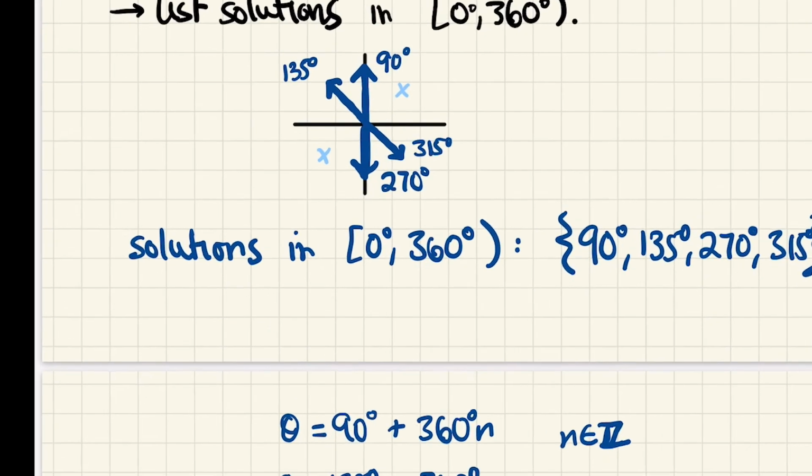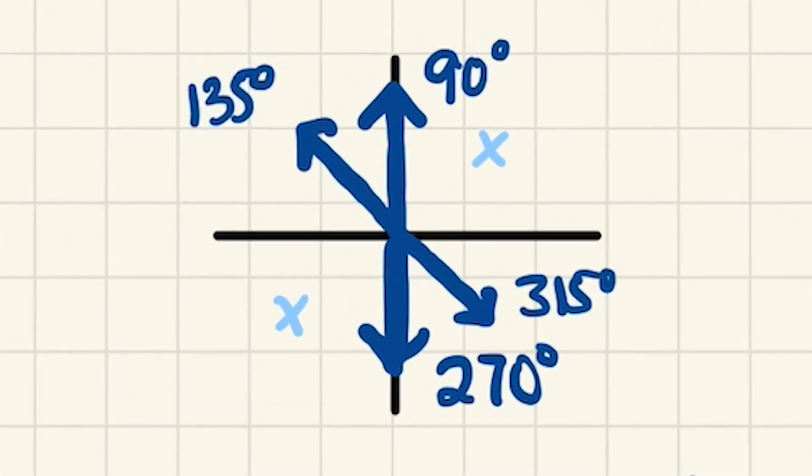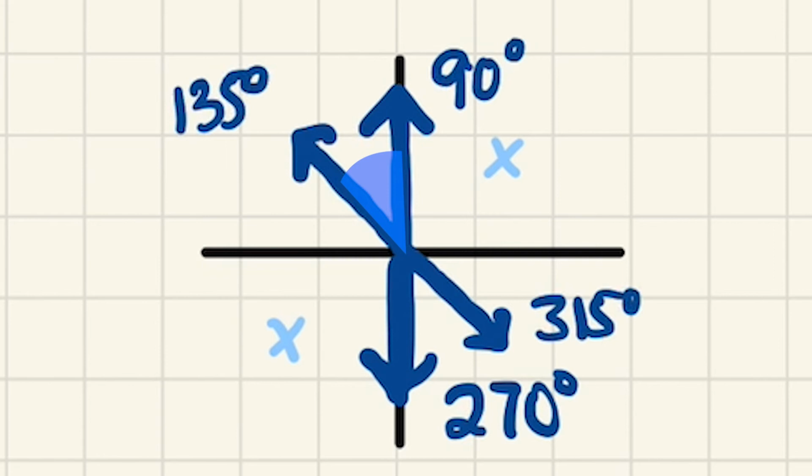So let's first note that they're not all evenly spaced, because this is a gap of 45 degrees, but this is a gap of 135 degrees. Since they're not all perfectly evenly spaced, we will not be able to get it into a single statement.